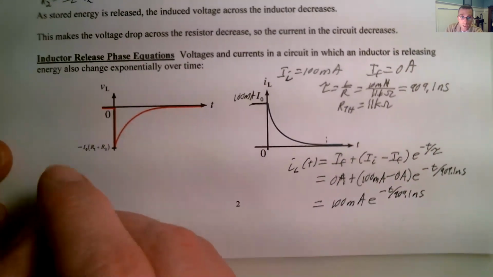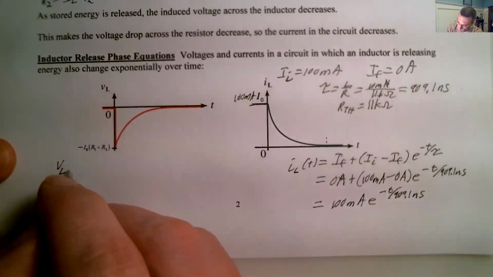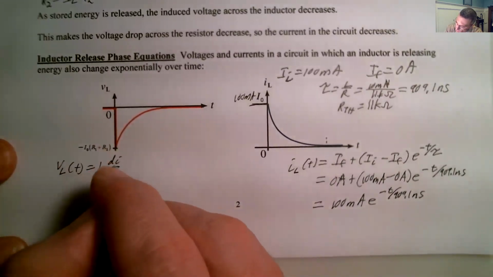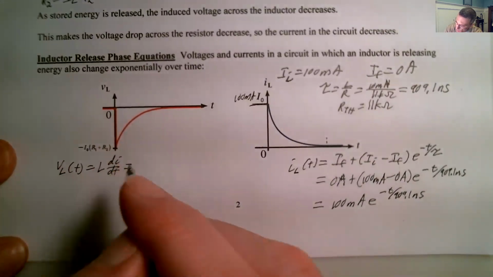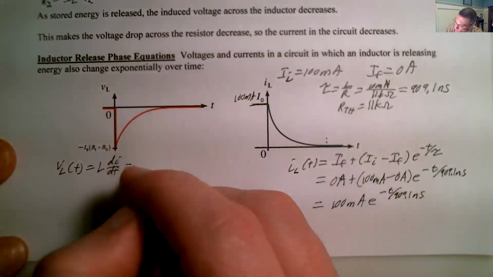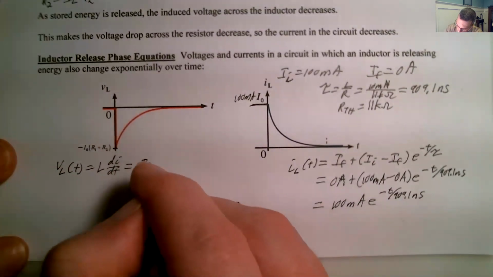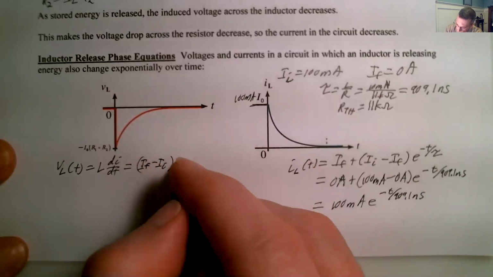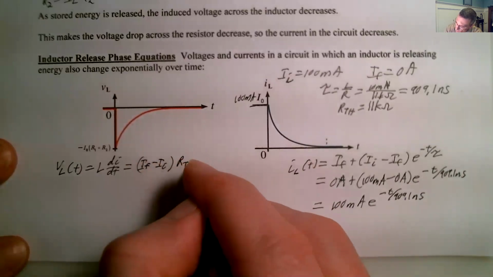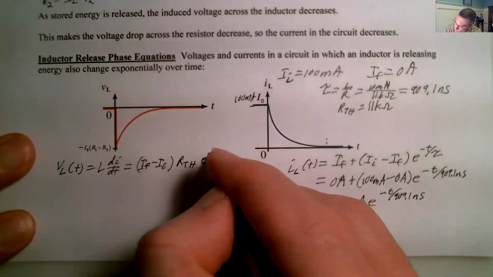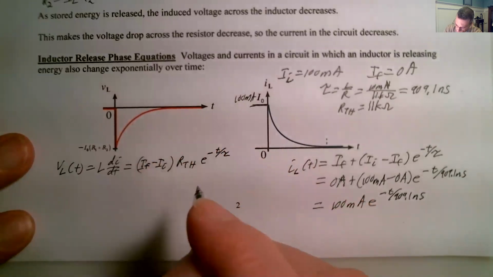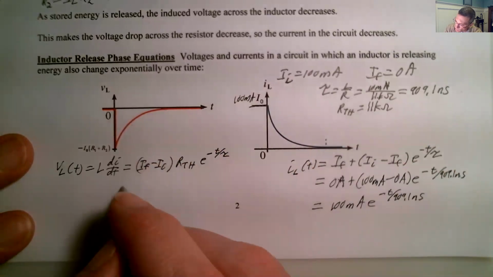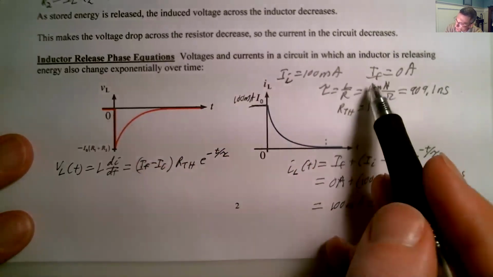But what is VL of t doing? Well, VL of t is equal to L di dt. In this case, that is going to be I final minus I initial because of the negative sign that comes through, and then you get RTH e to the minus t over tau. Now, what was RTH in our case? RTH was 11 kiloohms. I final was 0.